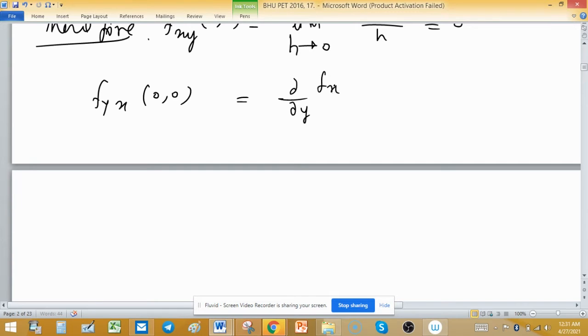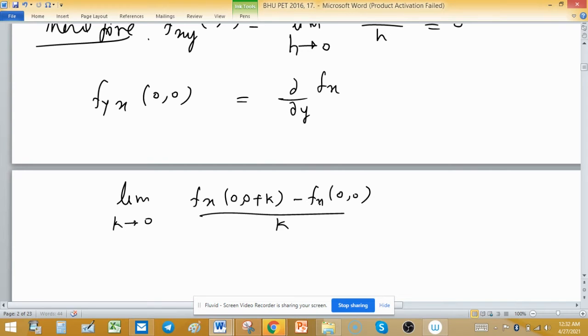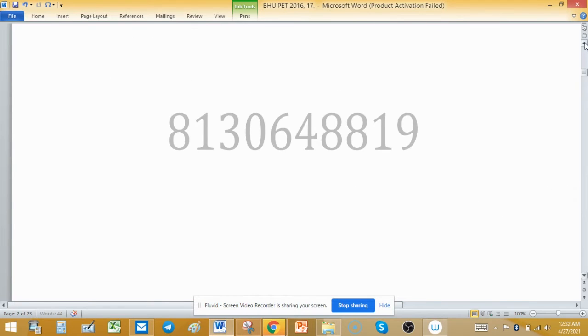So you can write limit k tends to 0, and the function is f_x. So f_x at (0, 0+k), because the point is (0,0), minus f_x at (0,0), divided by k, and this is limit k tends to 0 of [f_x(0,k) minus f_x(0,0)] divided by k.